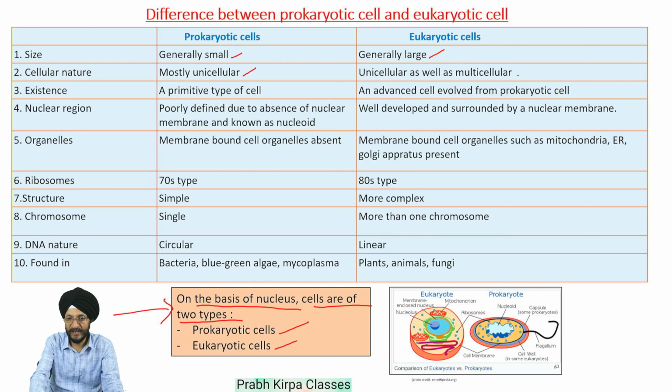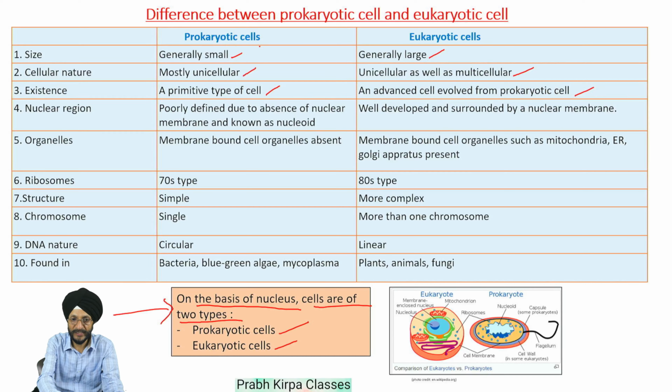Eukaryotic cells are found in unicellular as well as multicellular organisms. Existence. Prokaryotic cells are a primitive type of cell. Eukaryotic cells are an advanced cell which have evolved from prokaryotic cell.